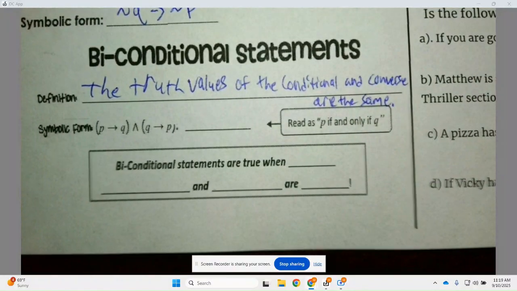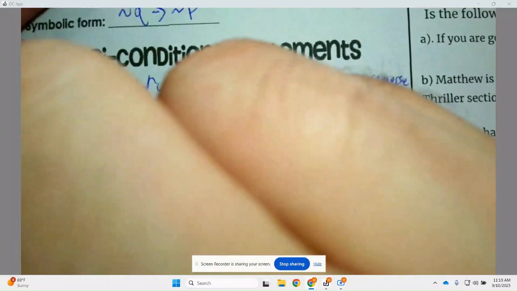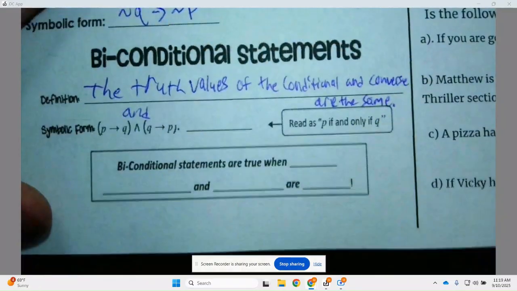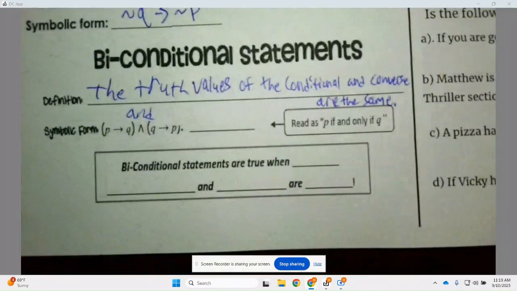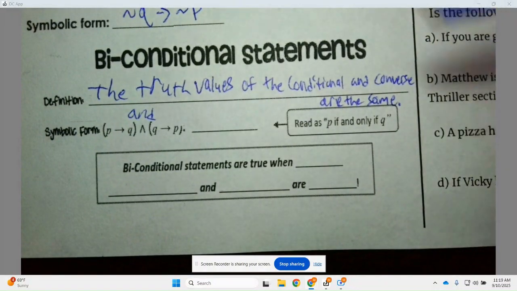Or in other words, P goes to Q and Q goes to P. You see this little hat symbol right here? This means and. So P goes to Q and Q goes to P. In other words, P if and only if Q.